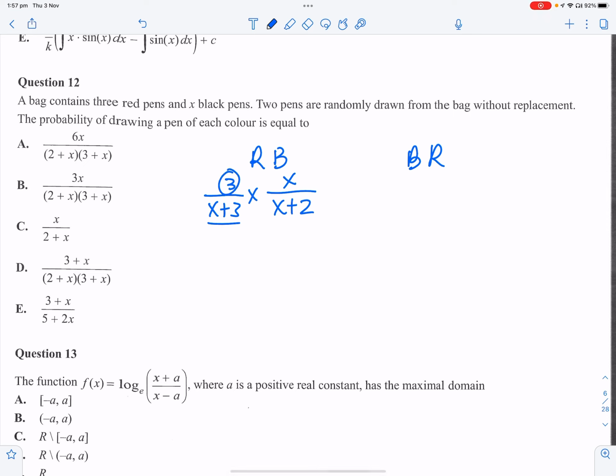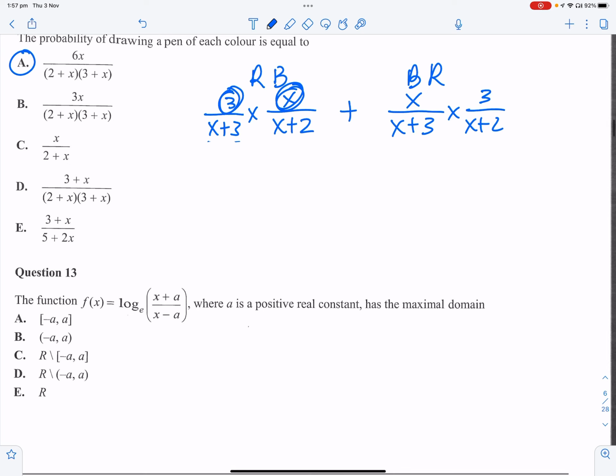So 3 over that, x over a reduced number by 1. We could get a black pen, which is x over x plus 3, times a red pen, which is 3 over x plus 2. 3x plus 3x is 6x. So we end up with 6x on x plus 2, x plus 3.